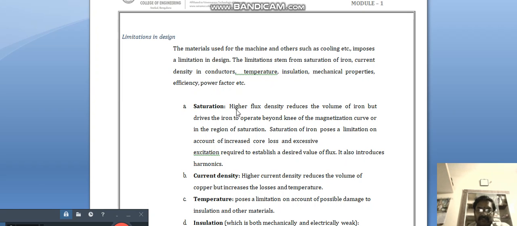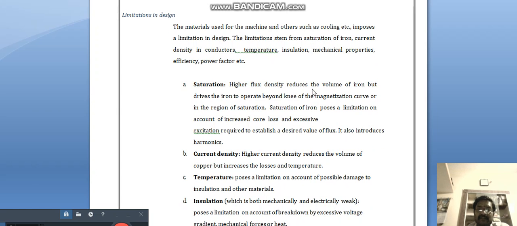First one, saturation. Higher flux density reduces the volume of iron. If you go for a high value of flux density, then the iron required for this circuit will be less, but it drives the iron to operate beyond the knee of the magnetization curve. The magnetic property should stay within the particular curve and should not go beyond it.